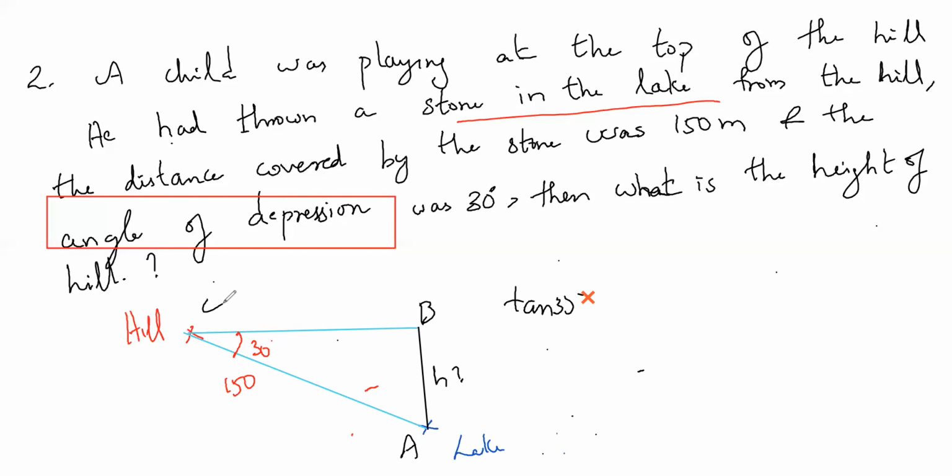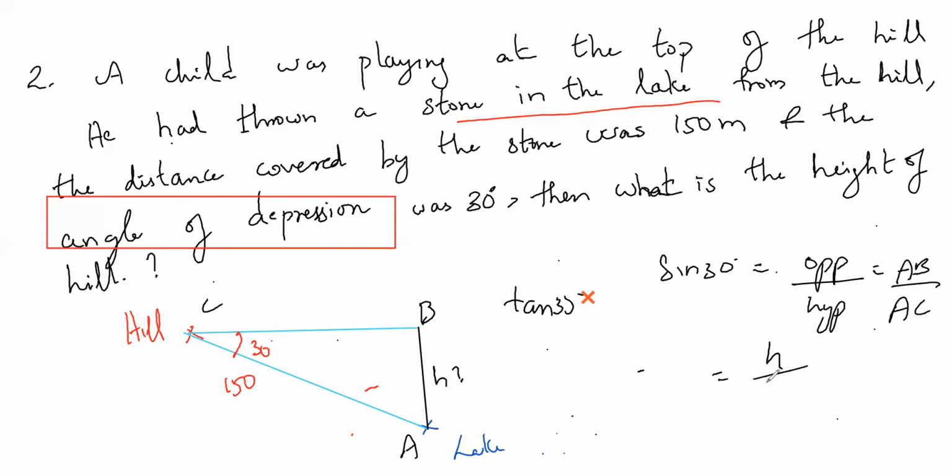Correct? Then height value is also there. So what is my sine 30? Sine 30 is opposite side by hypotenuse, or AB by AC. So what is opposite side? Height by hypotenuse 150. What is sine 30 value? 1 by 2. Correct? So height value will be 75 meter. That's it.